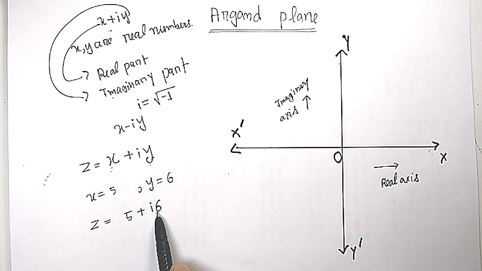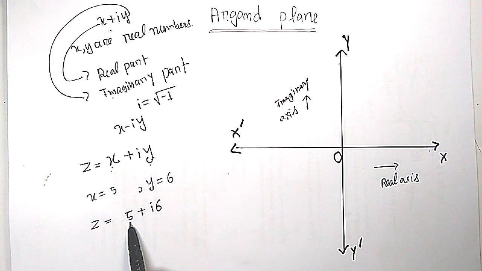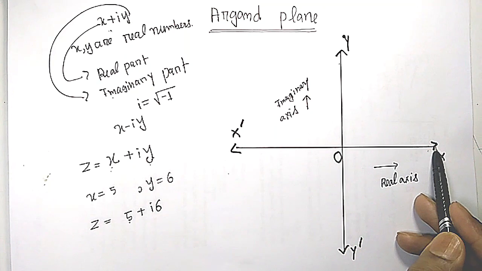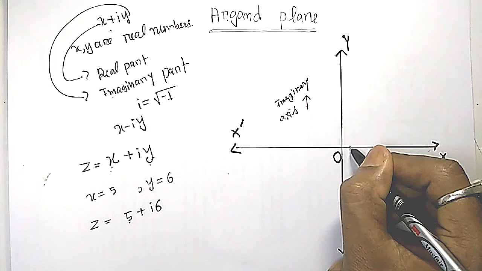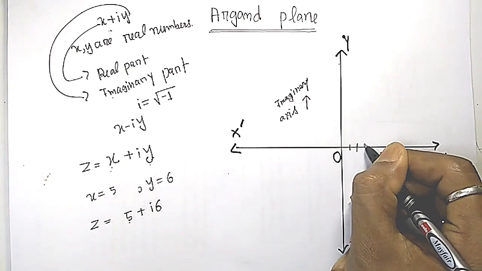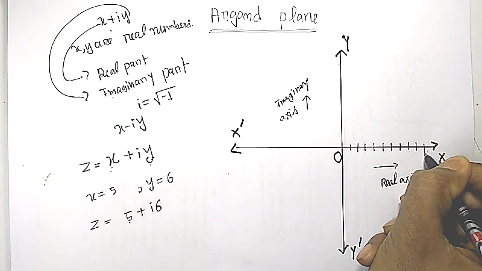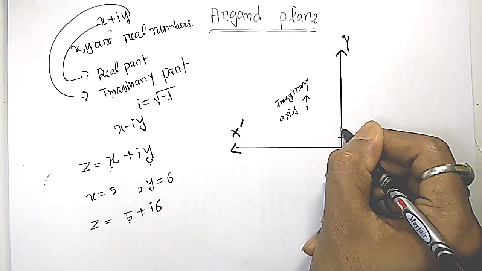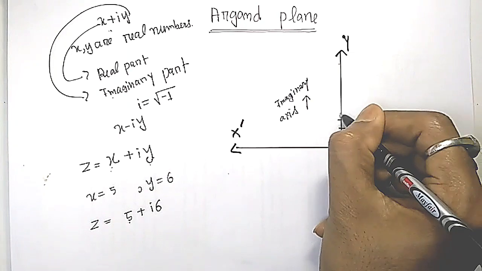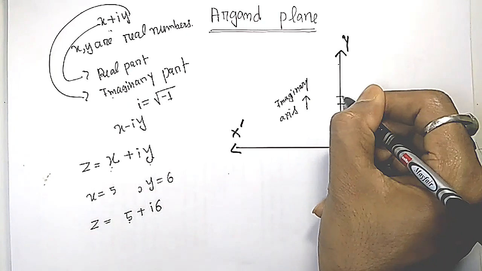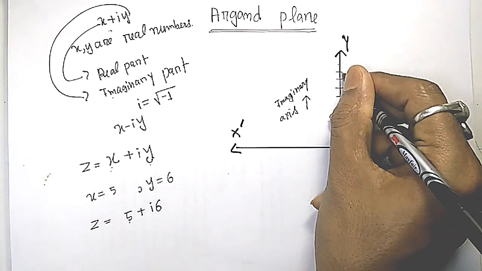In 5 plus i6, 5 is the real part, so this 5 we represent along the x-axis. We make the divisions 1, 2, 3, 4, 5, 6, 7, 8, 9, 10.